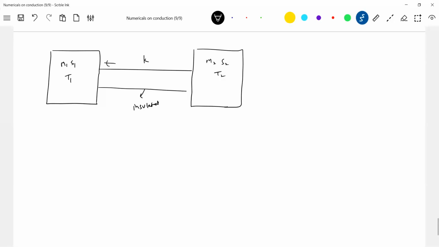Let L be the length of the rod, thermal conductivity K, area of cross section A. At t equals 0, the temperatures are T1 and T2, T1 greater than T2. Initially, what is the temperature difference? T1 minus T2. With time, what will be the temperature difference?